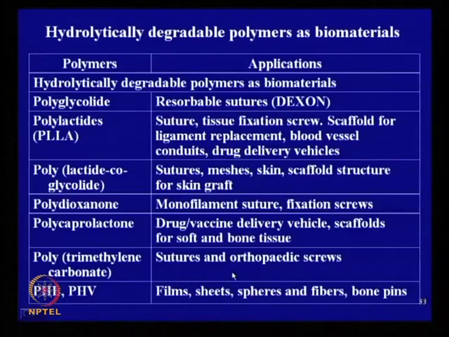Polytrimethylene carbonate for suture and orthopedic screws. Polyhydroxybutyrate, polyhydroxyvalerate, and the copolymer of polyhydroxybutyrate and polyhydroxyvalerate are bacterial polyesters, synthesized by bacteria. These can be formed into films, sheets, spheres, fibers as well as bone pins.